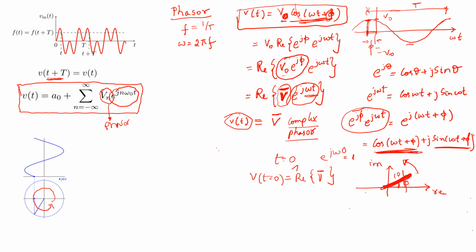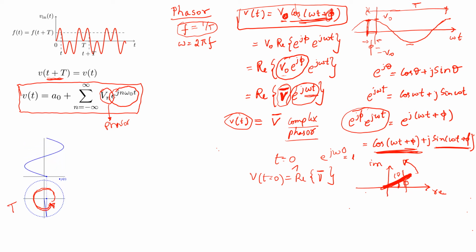And beyond a certain time, it starts to repeat itself, which is basically the periodicity of the signal. How many times it goes around in 1 second is going to be the frequency, and the time taken for it to go one full circle is going to be the time period T.